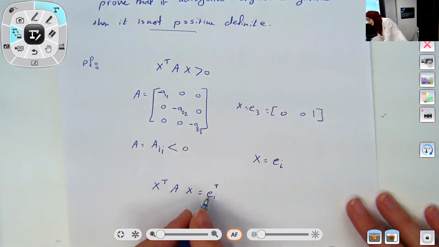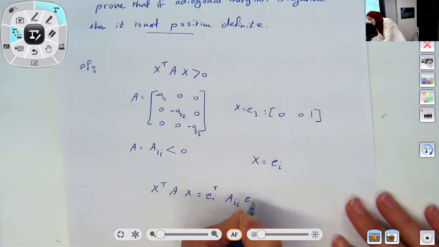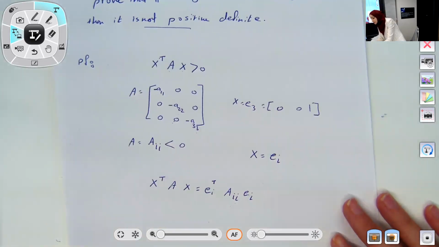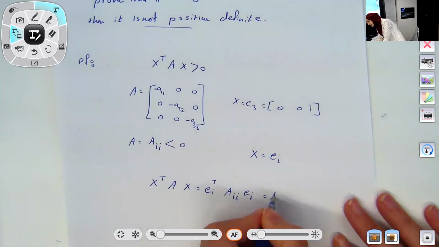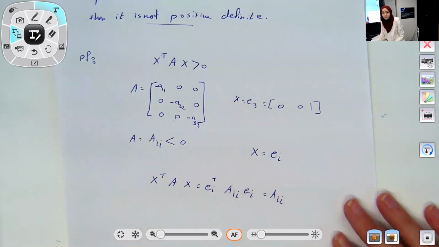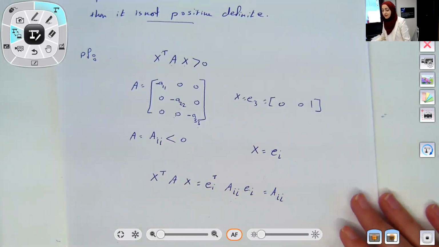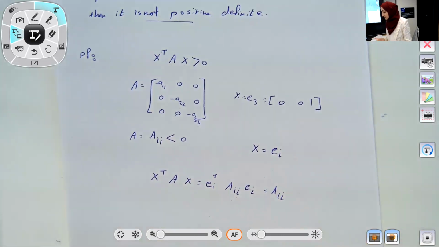So we have e_i transpose multiplied with the matrix A, multiplied with the vector e_i. If you find this value, it will always give you the entry A_ii. And we said that the matrix A is diagonal, and its entries are negative.